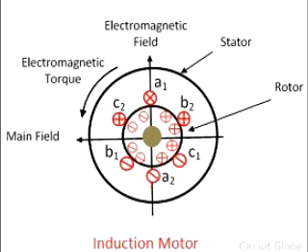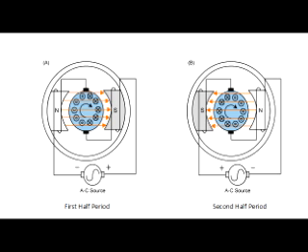The working principle of an induction motor: in an induction machine, the armature winding serves as both the armature winding and field winding. When the stator windings are connected to an AC supply, flux is produced in the gap. The flux rotates at a fixed speed called synchronous speed.